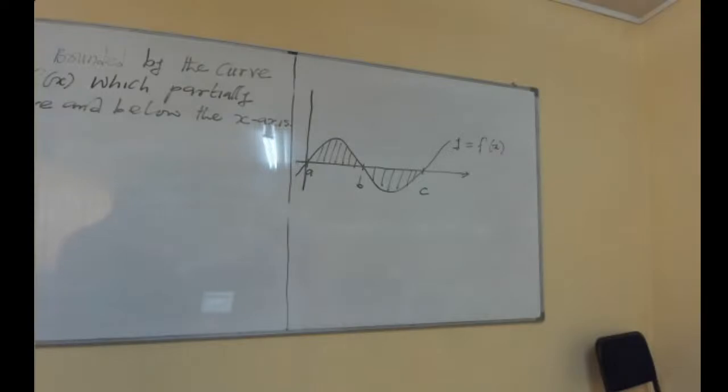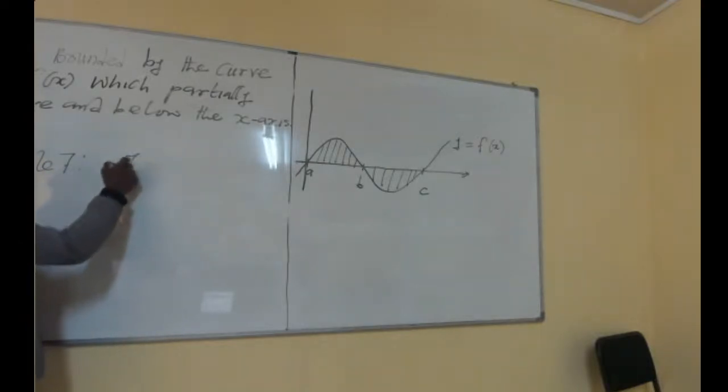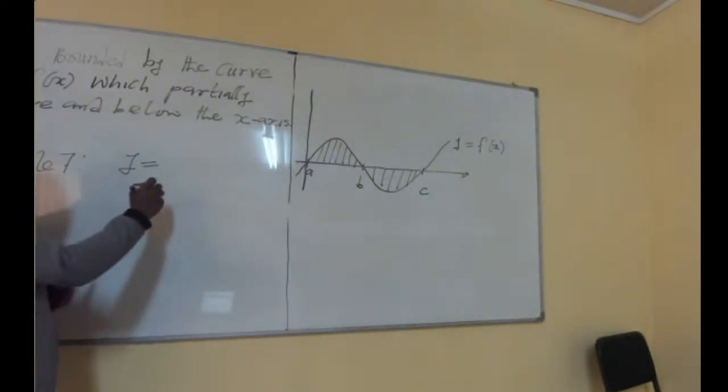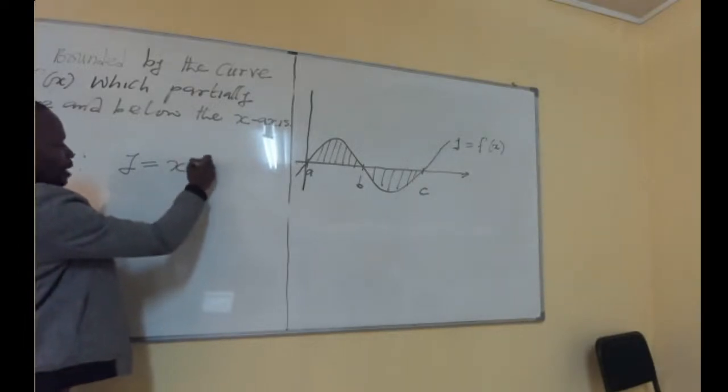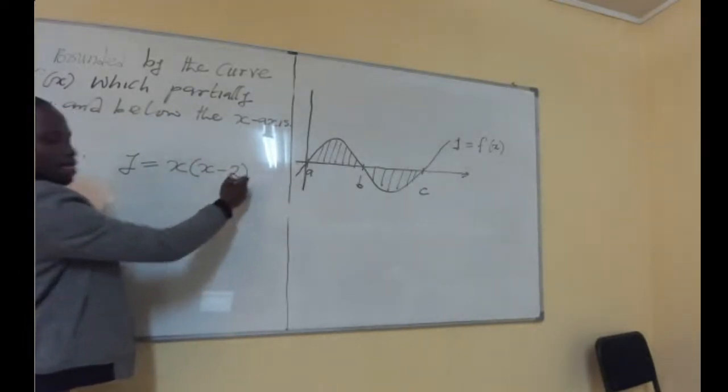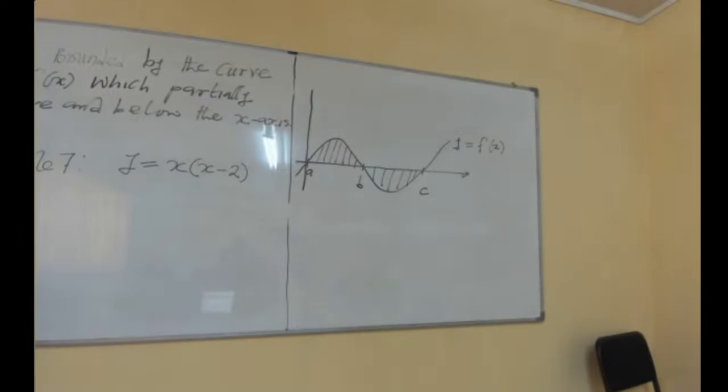Okay, let's look at example number 7 from your notes, in which they are asking us to find the area bounded by the curve y equal to x multiplied by x minus 2, and the x-axis.